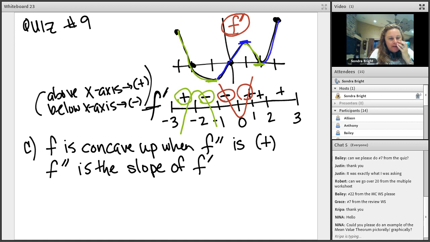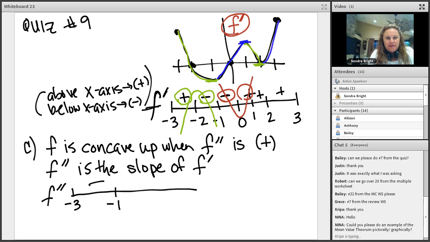So I'm going to draw a number line for the second derivative. It's negative from -3 until -1, and then from -1 to 1 it's positive. From 1 to 2 it was negative, and then from 2 to 3 positive.